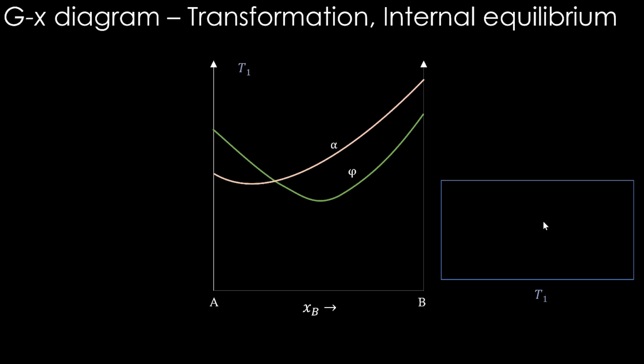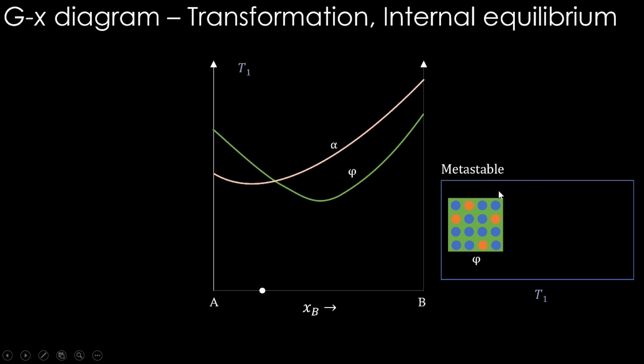What is important to understand here is the process of achieving internal equilibrium. At this composition, we bring this alloy from a high temperature, in the sense temperature T2, to this T1 temperature, and two phases should become stable here. Therefore this is a metastable structure.